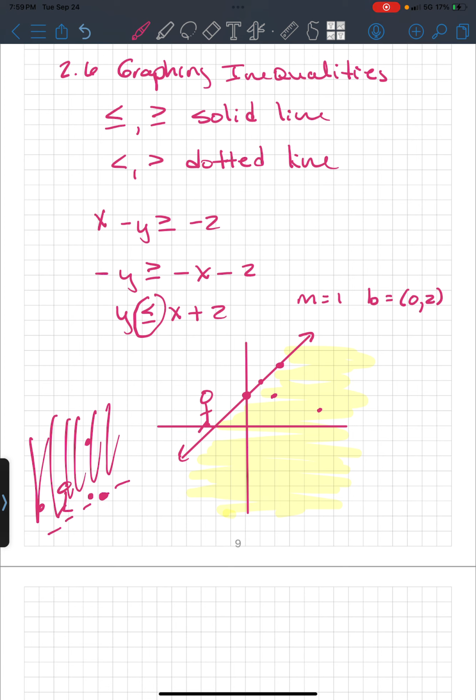For example 3, it is an absolute value. I don't think that you've gotten to really graphing absolute values. You may want to find that from Algebra 1 and go over that.